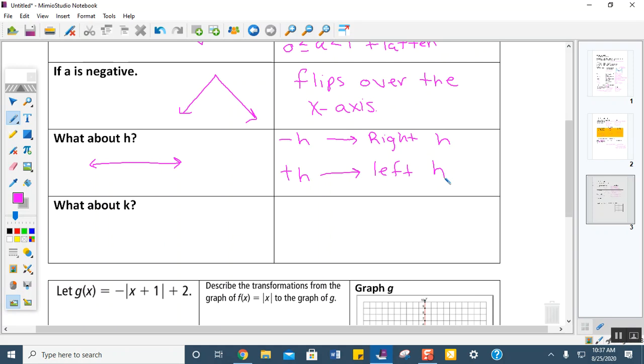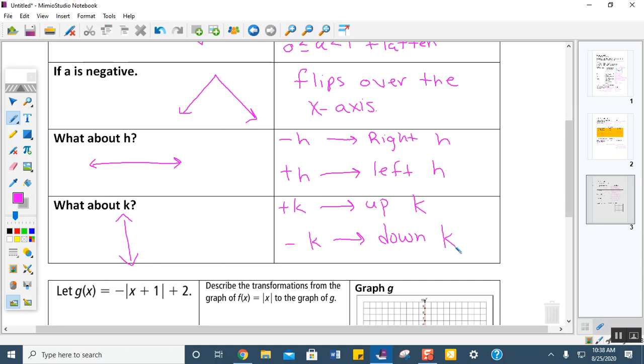Okay? And then k is going to move stuff up and down. k is the part outside of the absolute value on the end. So if you have a plus k, like plus 6, you're going to shift your vertex up k units. And if you have a minus k, you're going to shift stuff down k units.